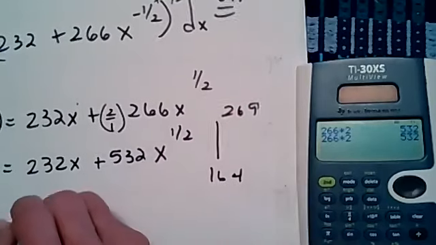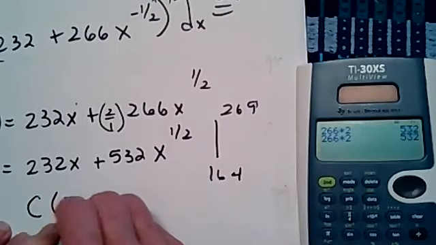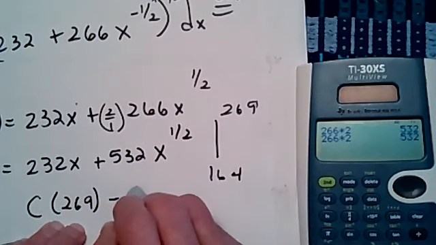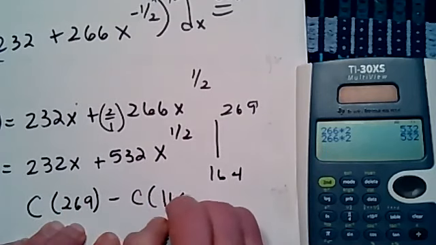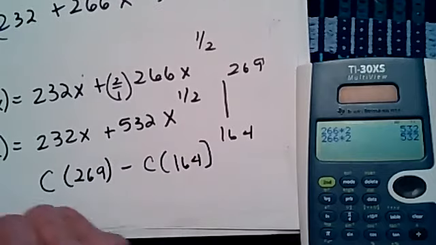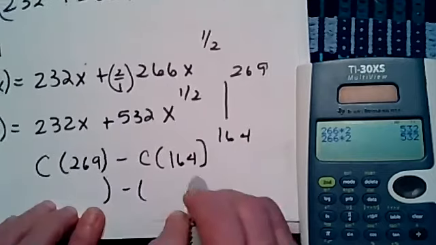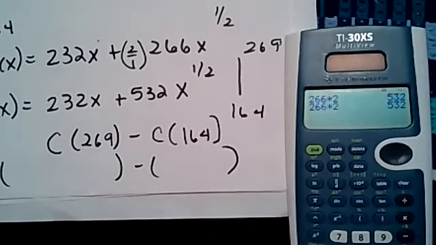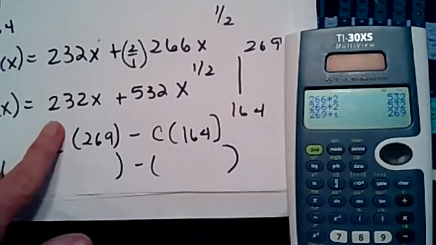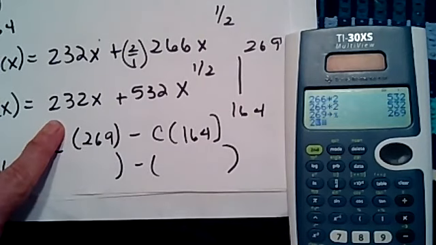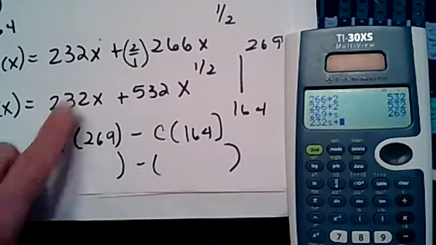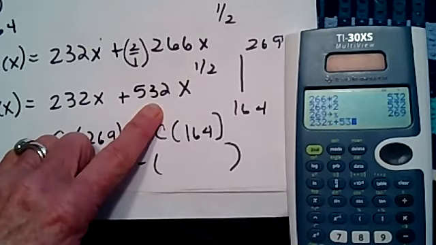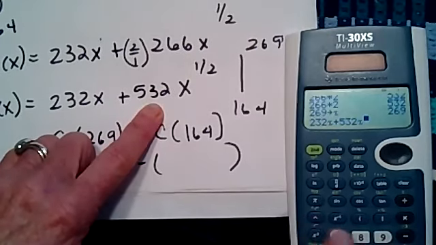So C of 269, always top minus bottom. Okay, so I'll do 269, store for X, enter. I'm going to type in my antiderivative, 232x plus 532x to the 1 divided by 2.